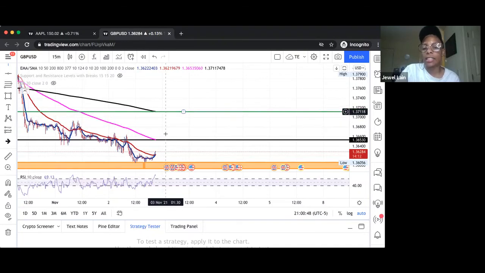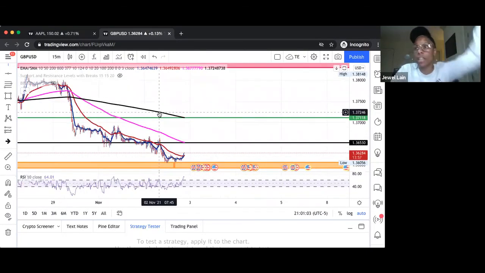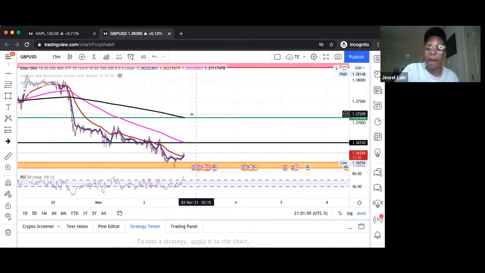Now, let's say you missed this particular move because it happened at 2, 3 o'clock in the morning, you sleep. Now it has to come to the next resistance. Once it comes to the next resistance, that's when you mark up where your next area is. I'm not going to just hop in the trade because I saw that it's buying. Because if it comes to an area, chances are it has to correct itself.